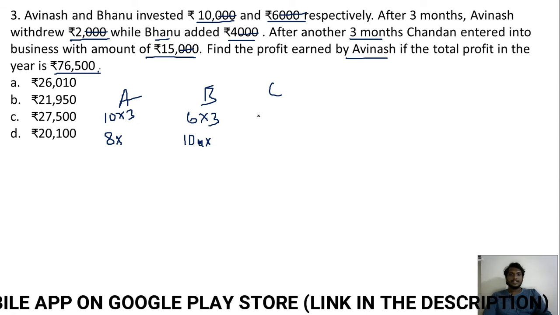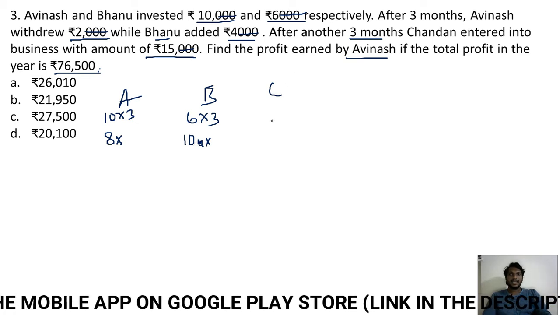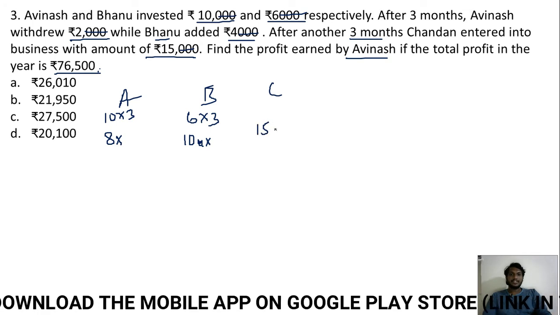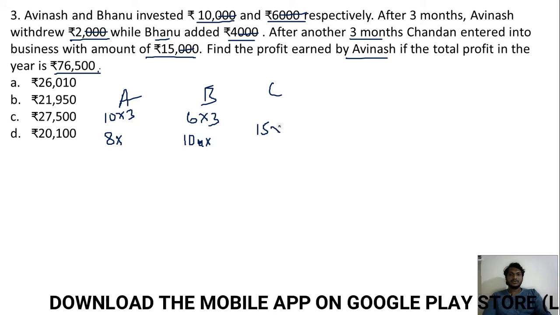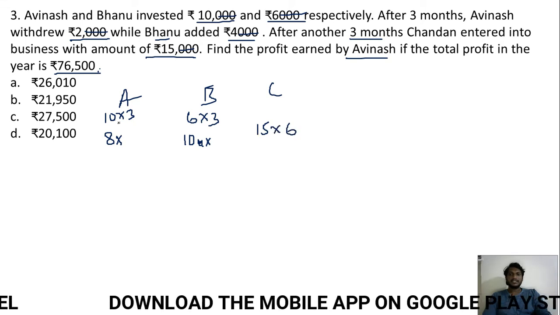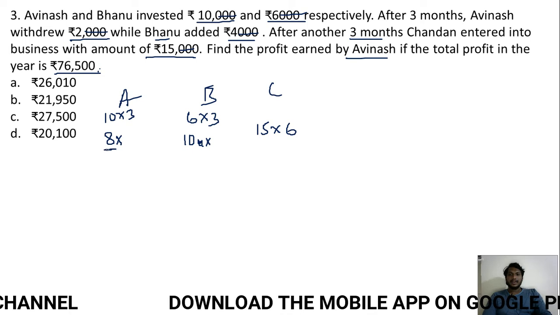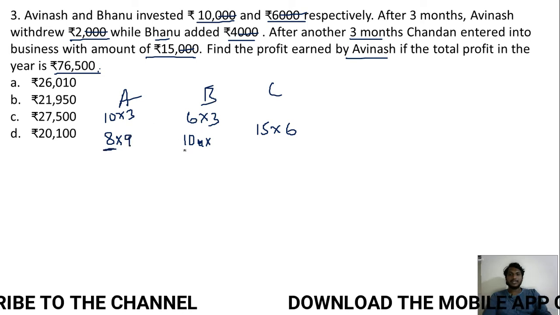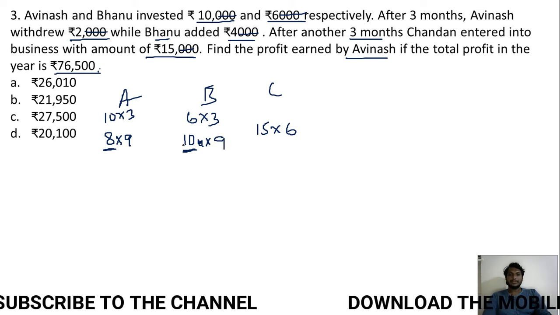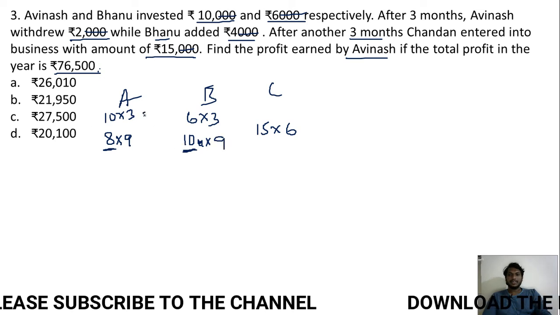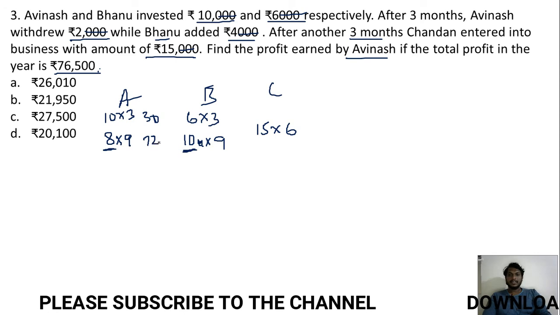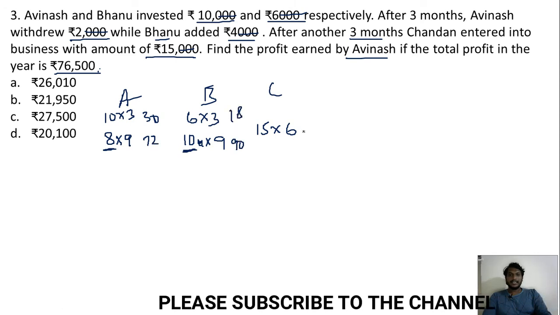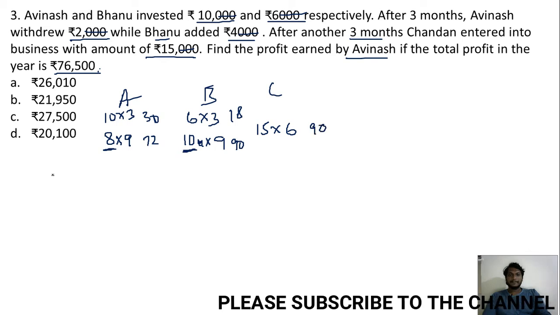Now Chandan after 3 months will be adding 15,000, that is 15 units, to the business. So he will be investing for 6 months, and Avinash will be investing 8 units for 9 months. Similarly Banu will be investing 10 units for 9 months. Now you can see this is 30 units, and here this is 72 and this is 18 and 90, and here this is 90.